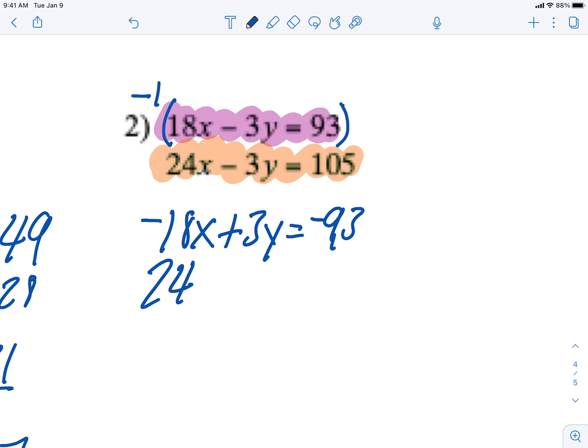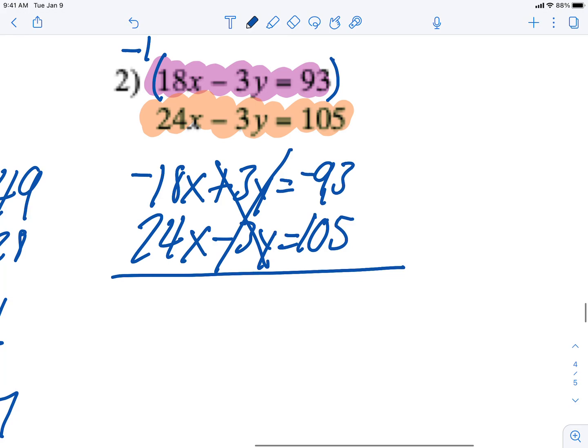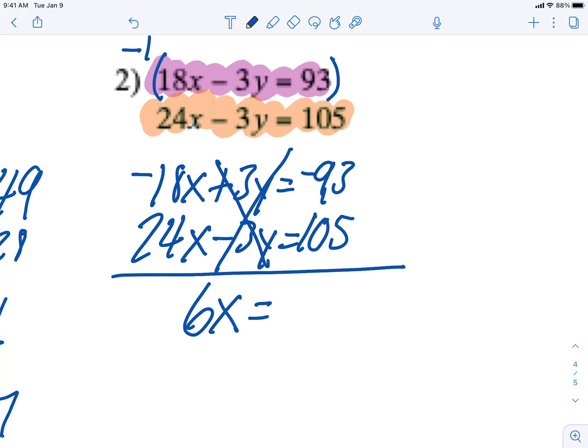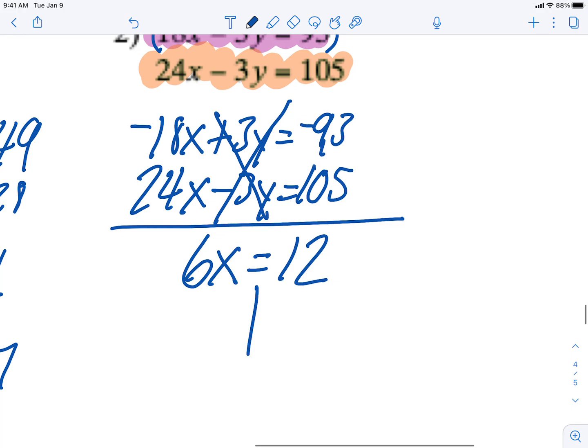The second equation is going to stay exactly the same. A positive 3y and a negative 3y cancel out. Negative 18x and 24x is 6x. Negative 93 and 105 is positive 12. I divide by 6, and I get x is equal to 2.